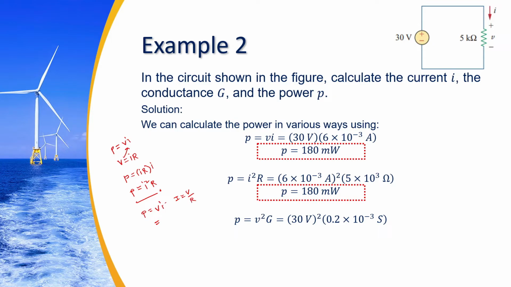So, we just substitute that into our given formula. Therefore, V multiplied by V over R. So, we can also say that V times V is V squared over R.